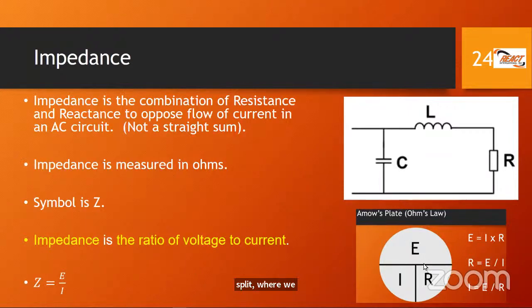You can get I is equal to E over R, or R is equal to E over I. Similarly, if we replace R with Z, because Z is impedance, we get Z is equal to E over I. So impedance, remember, is resistance and reactance. In Ohm's law, we only had resistance. It's a similar construct. Impedance is the ratio of voltage to current, and that's what you need to know for the exam.